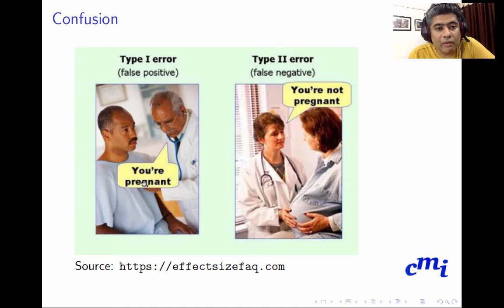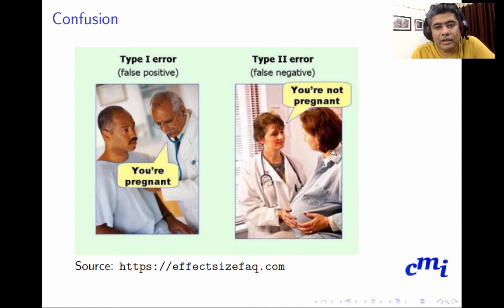The test is saying positive, that the patient is pregnant, and it turns out the patient is a man, so we know it's a wrong answer. So it's a false positive or type 1 error.